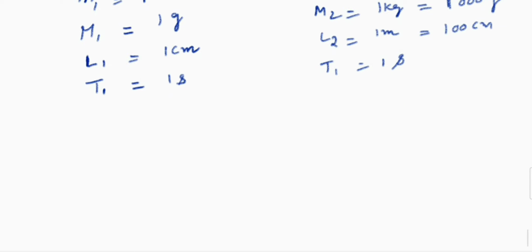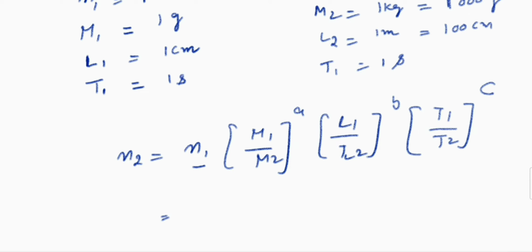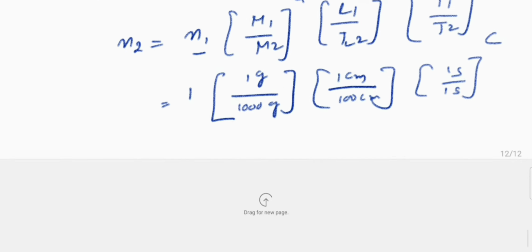Now we'll directly use the formula that n2 is equal to n1 times m1 divided by m2 raised to power a, L1 divided by L2 raised to power b and T1 divided by T2 raised to power c. n1 is 1, m1 is 1 g, m2 is equal to 1000 g, L1 is equal to 1 centimeter, L2 is equal to 100 centimeters, T1 is 1 second and T2 is also 1 second, raised to power c.